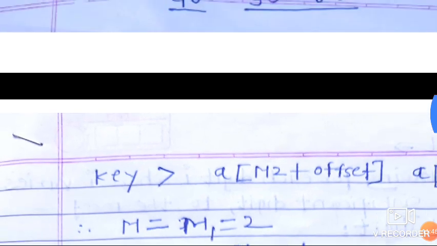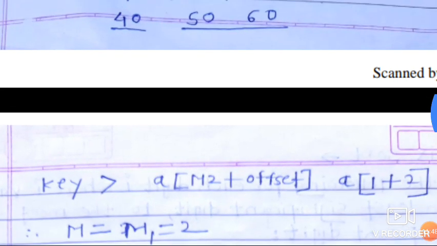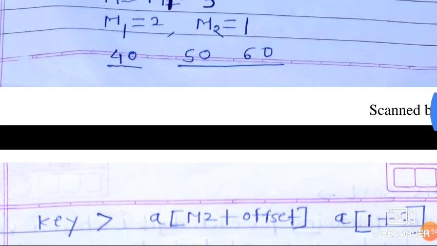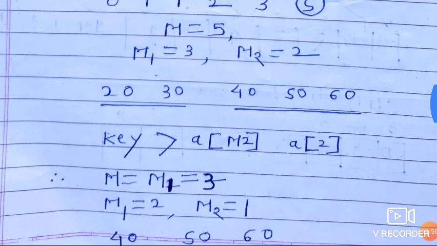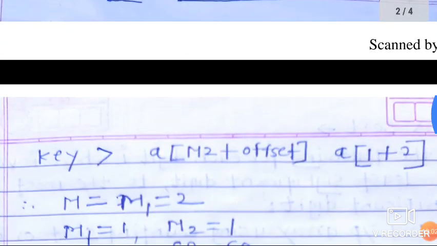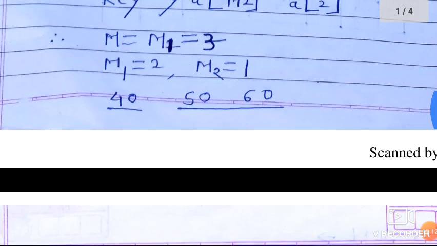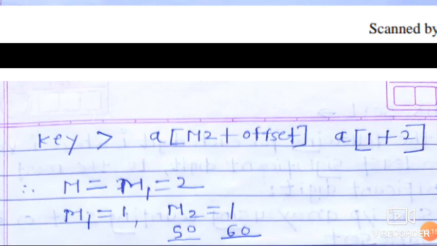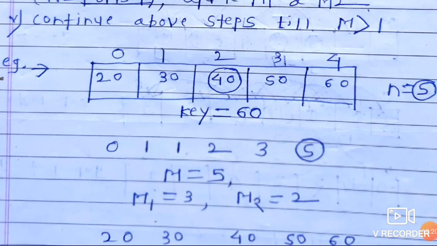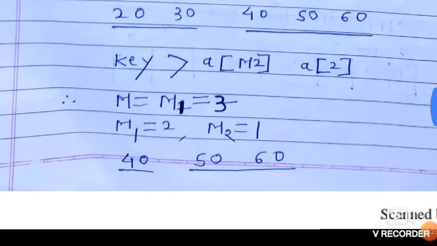The offset is now the index of 40, and the index of 40 is 2. Therefore we compare key with a of 1 plus 2, where 1 is the value of m2 and the offset is the index of 40. So we compare key with a of 3. A of 3 is 50, key is 60, key is greater.